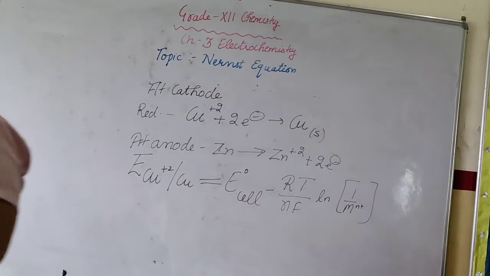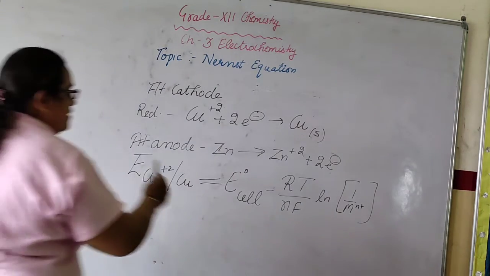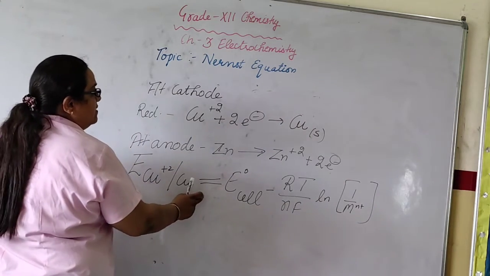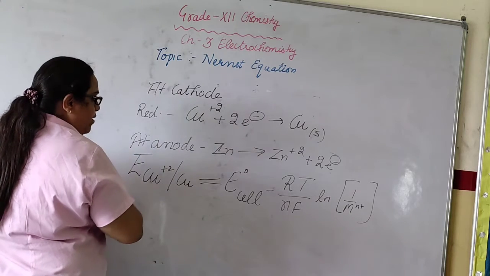Because the concentration of any element in its pure state, here copper in solid state, is considered to be unity. So this is the Nernst equation for the Daniell cell at the cathode.